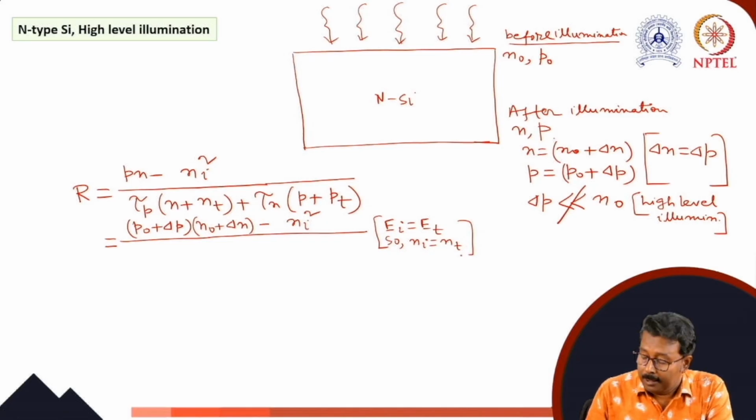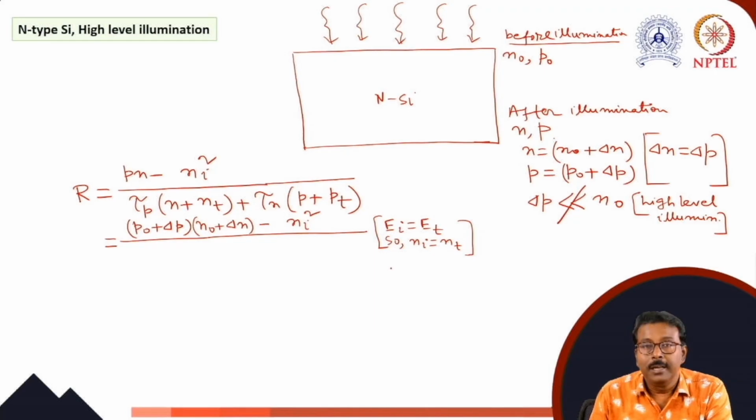Actually, if the trap state is exactly at the middle, then the maximum rate of recombination is obtained. That's why the assumption of the trap state at the middle of the forbidden gap is quite natural and likely. That's why we have assumed the trap state is exactly at the middle.